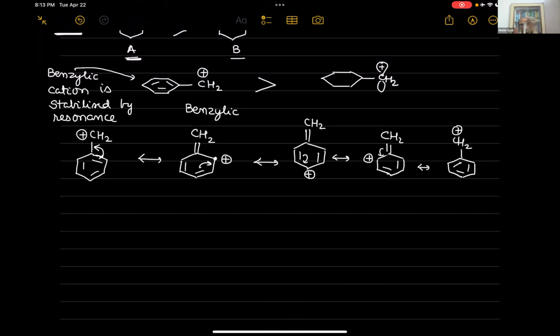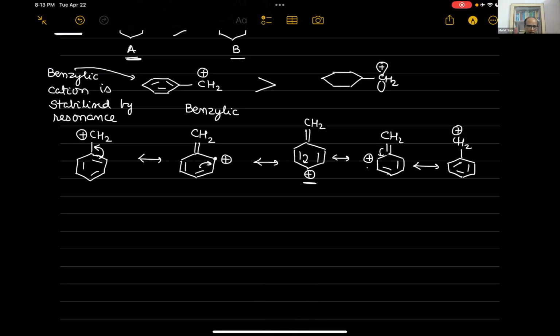This plus charge can pull another pi bond like this one, the lower pi bond. Okay, and you have a plus charge over here. This can pull the subsequent pi bond, and you have a plus charge here. So what by doing this?